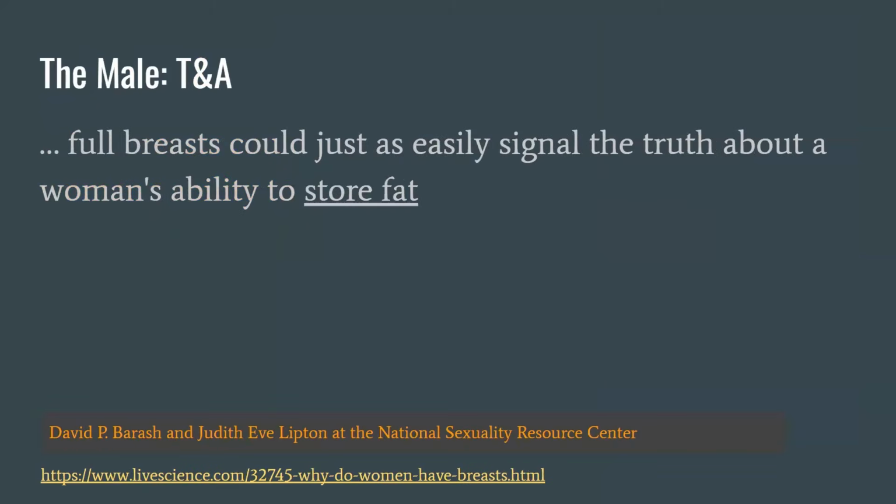Now, full breasts could be there for a different set of reasons. It could be that they signal a woman's ability to store fat. This would be very important 50,000 years ago, right? If a woman has the ability to store lots of fat, that means she can get through times of famine. If you have offspring, she won't die in the middle of trying to raise them and so on. So that would be a good thing to have.